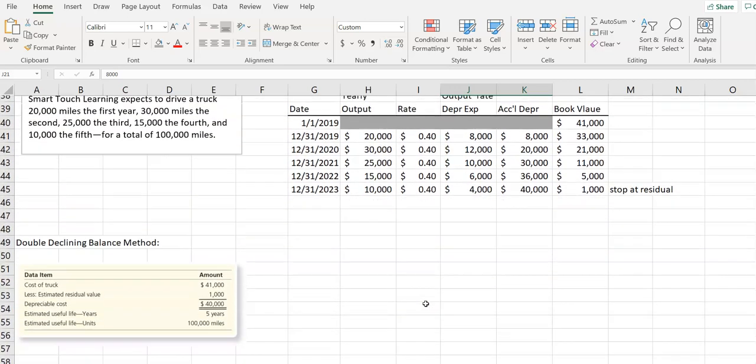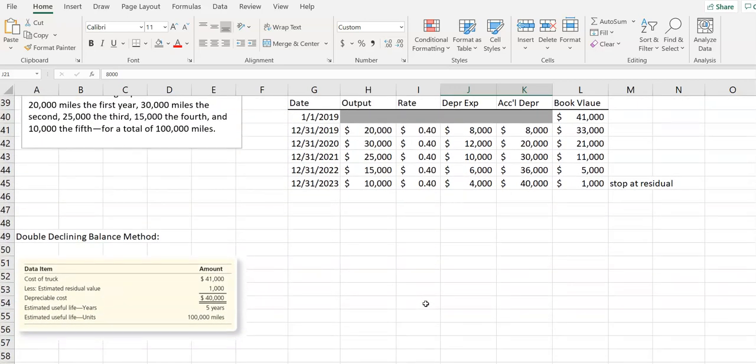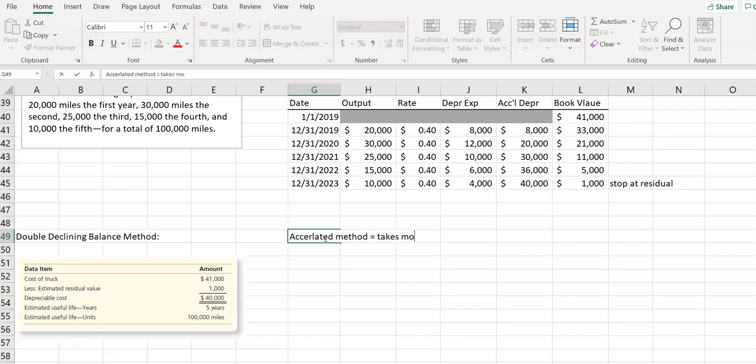All right, what's going to happen with the double declining balance method? Our rate's going to stay the same, but our numbers are going to change. It's going to be based off of a changing book value. It's an accelerated method, which means that it takes more depreciation up front, in the early years, more than at the end.